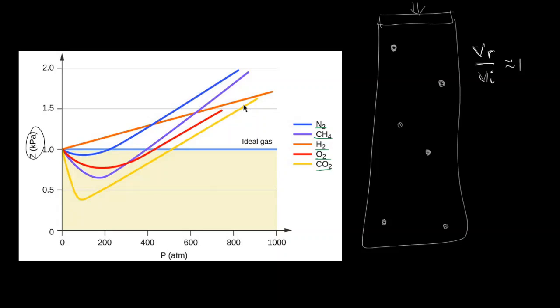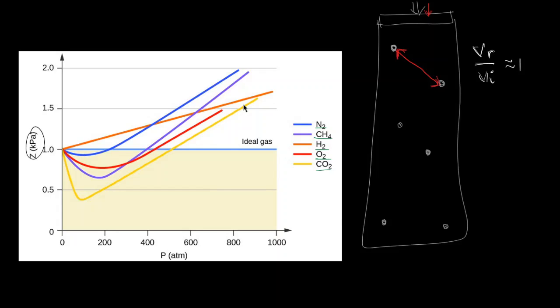But as you increase the pressure, what eventually happens is you start to get some attractions, since now there is some upwards force. So let's say that the piston pushes from up, and attractions come into play.